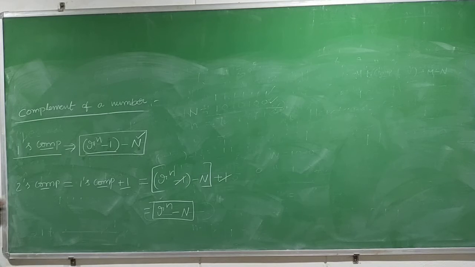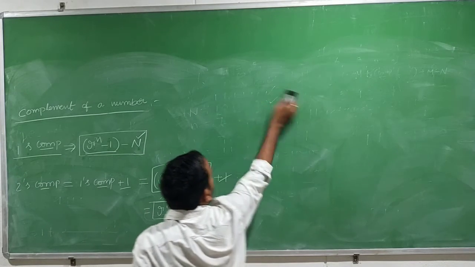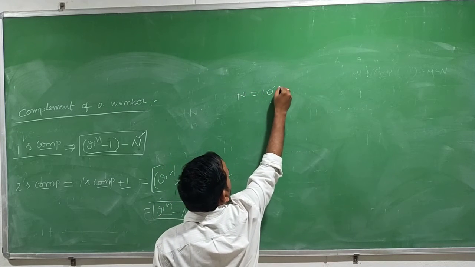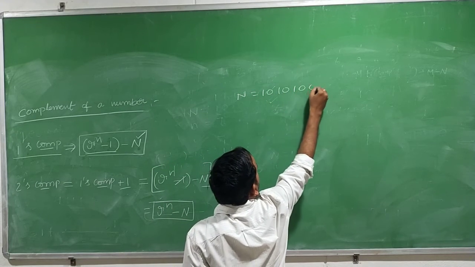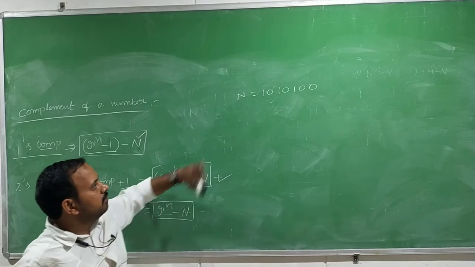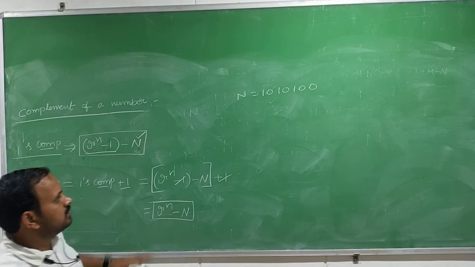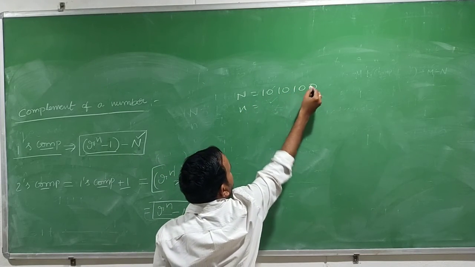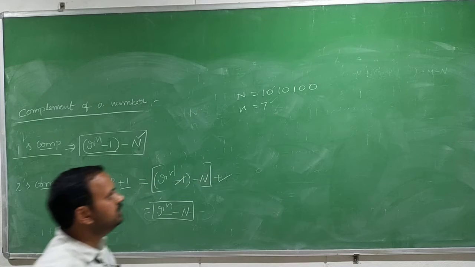Now we will see one example. Again we will do the same exercise. N equal to, for example, 1010100. Now if you want to perform 2's complement mathematically, how will we see? Small n is the number of digits: 1, 2, 3, 4, 5, 6, 7, so 7 digits are there.